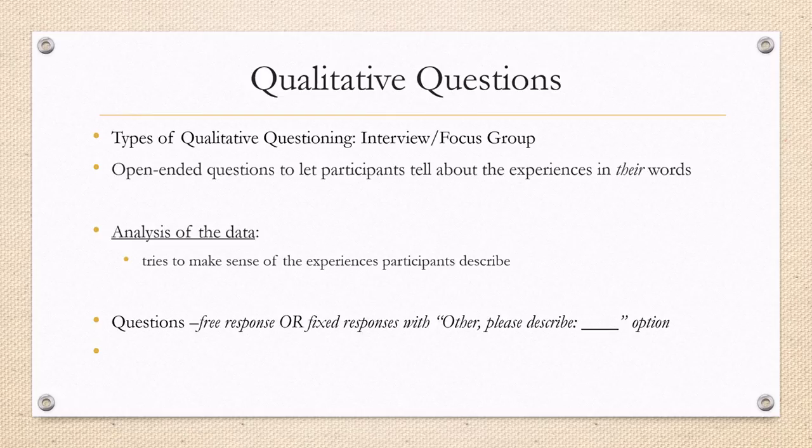We can also have qualitative questions. Qualitative questioning can come in different forms in terms of interviews, open-ended questions, or focus groups. In this, we present open-ended questions and let participants tell about their experiences in their own words.